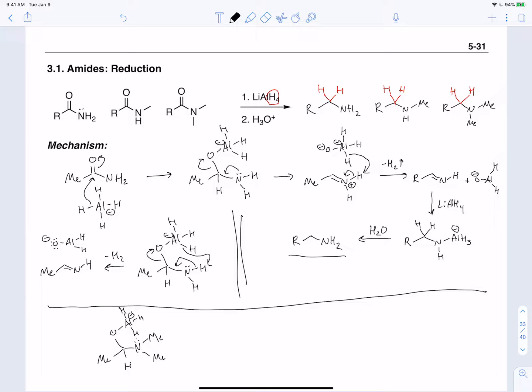In this instance, we are forced to go through this process where we ionize this bond. The lone pair from the nitrogen will kick out the aluminum oxide. We end up with an iminium again, but now it's not acidic at all. It's just very electrophilic because we don't have any hydrogens that can be deprotonated. And so this can directly reduce the iminium and once again give us a tertiary amine.